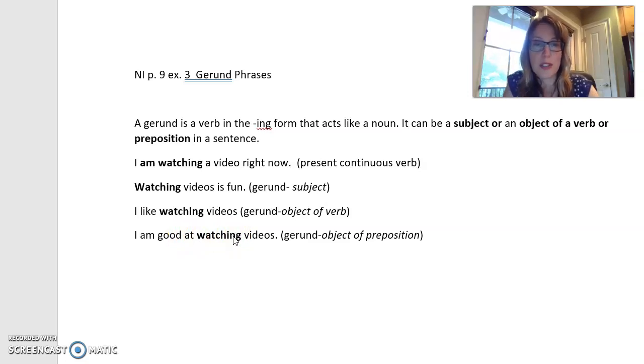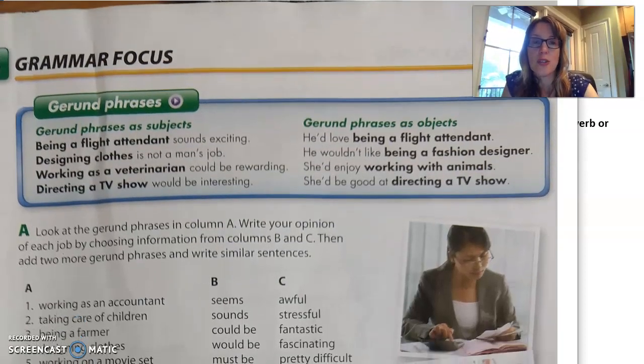Let's go back to the book. Okay, so they're going to show you how you can use a gerund as part of a whole phrase, and the whole phrase is the subject of the sentence. Okay, being a flight attendant, this whole phrase is the subject. And the simple subject is the gerund, so it's going to need a singular verb.